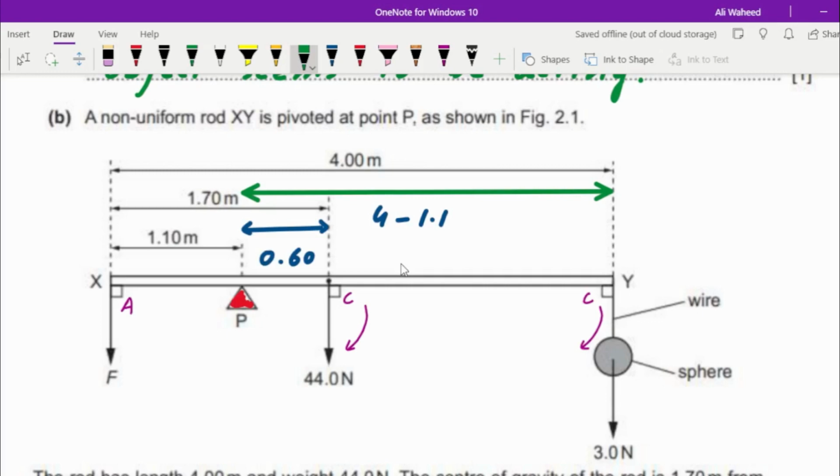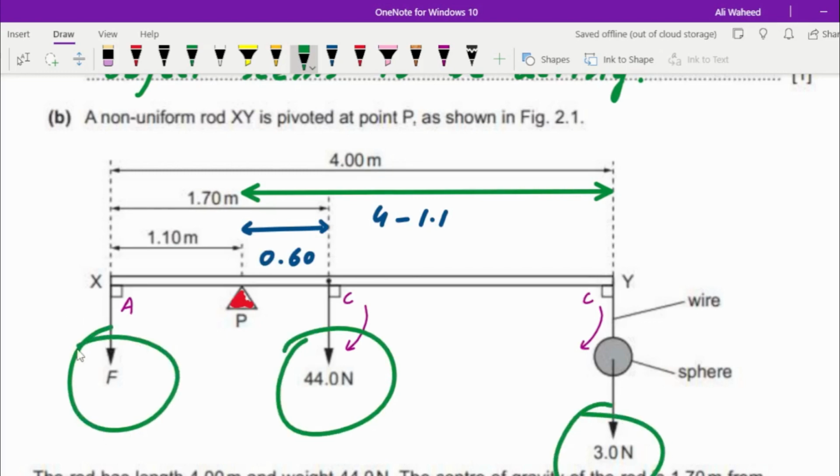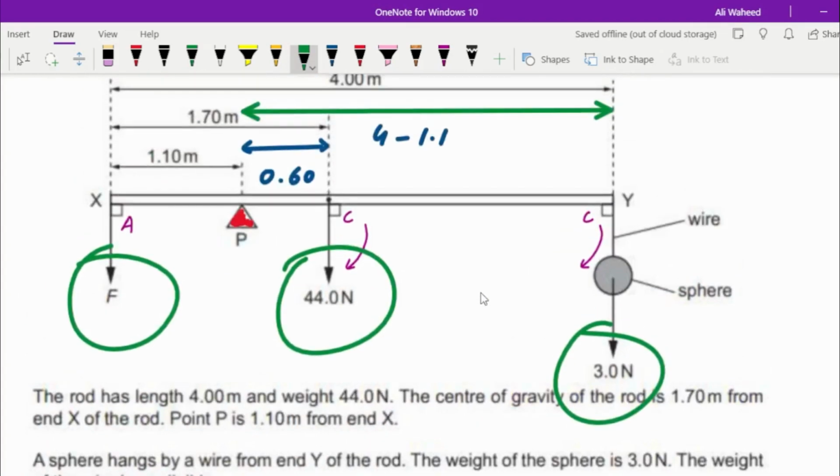So the total force that is being exerted on the pivot is this much plus this much plus this much. And what was the value of F? 32. So whatever the sum of these forces is, that is the force that the rod is applying on the pivot, and then in return the pivot would apply the equal amount of force on the rod.